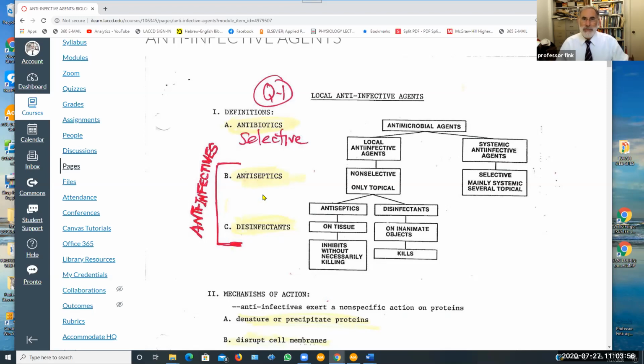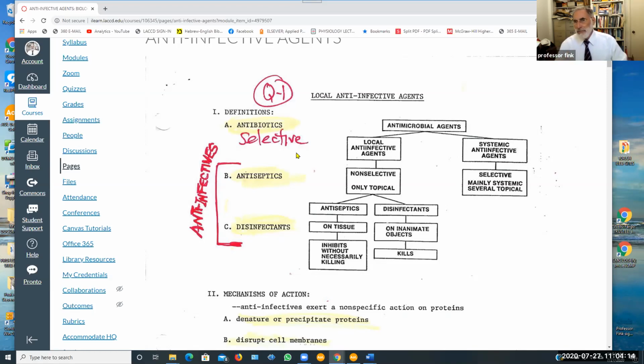What is the distinction between them? Antibiotics, as we wrote here, are selective. In other words, a specific antibiotic selectively and specifically kills or slows down the growth of a particular microorganism.